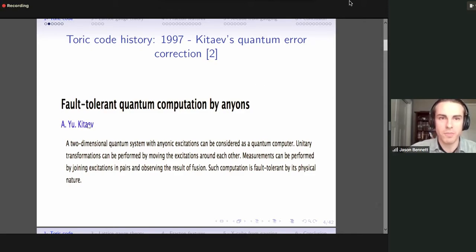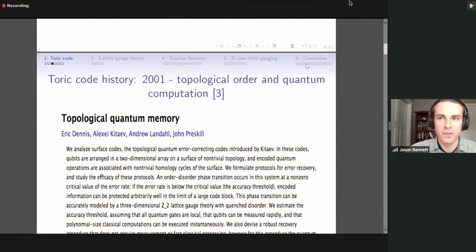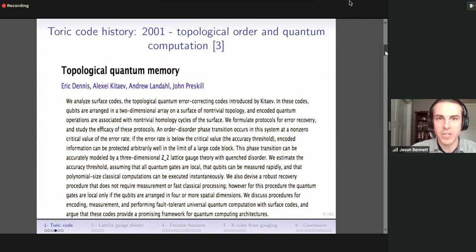And so this was the first paper that Kitaev wrote on the archive in 1997. And soon after that, it was realized how topological things were.